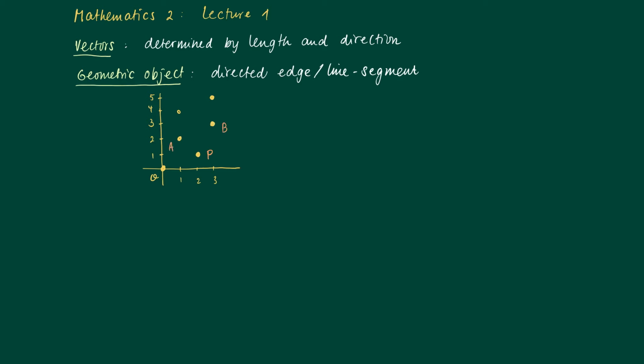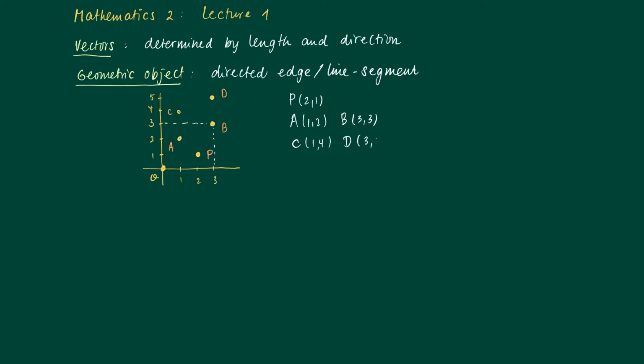So for instance, we have a point P with coordinates 2, 1, A, B, C, and D. Well, P has coordinates 2, 1, A has coordinates 1, 2, B, 3, 3, C, 1, 4. So you can see it in this way. The x coordinate is 3 and the y coordinate is 3. C, 1, 4, D, 3, 5.